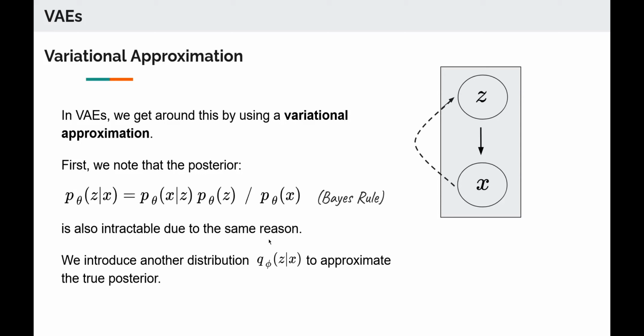And we say that we want to use this distribution to approximate this distribution, which we said is intractable because of the integral involved in this term. Okay. So we have the true posterior, and we come up with this approximate posterior. That's the basic idea.